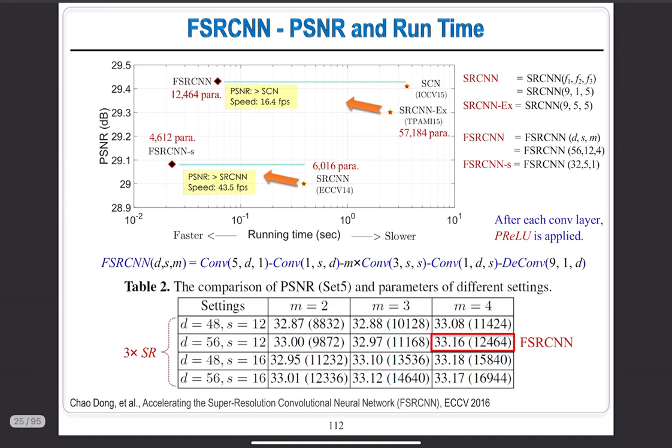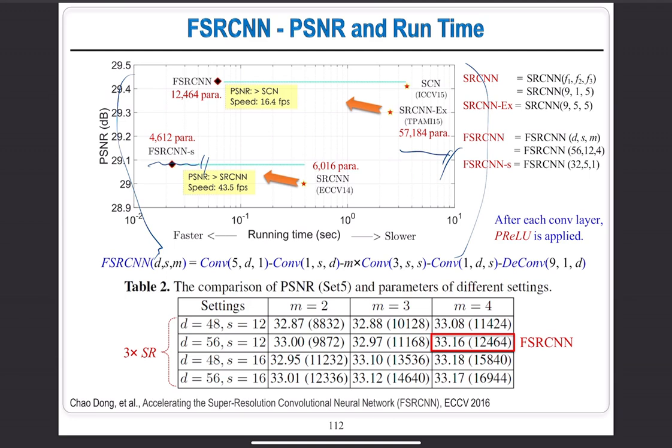This slide also shows the different configurations of FSRCNN and compares their parameter sizes. The standard FSRCNN model has about 57,000 parameters. A smaller version, FSRCNN-S, has as few as 4,600 parameters.